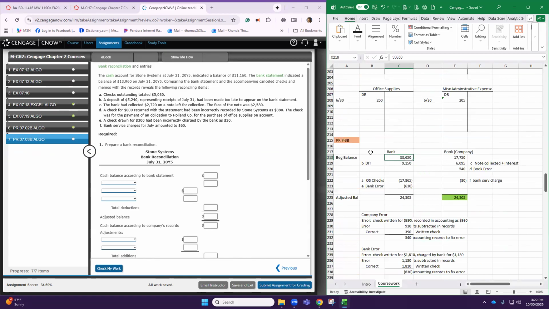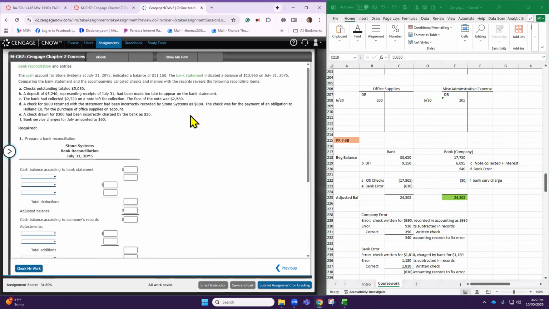So the bank balance. Now this is a little more to it, all right? The book balance is 11,160. So I'm going to put that in right here, 11,160.